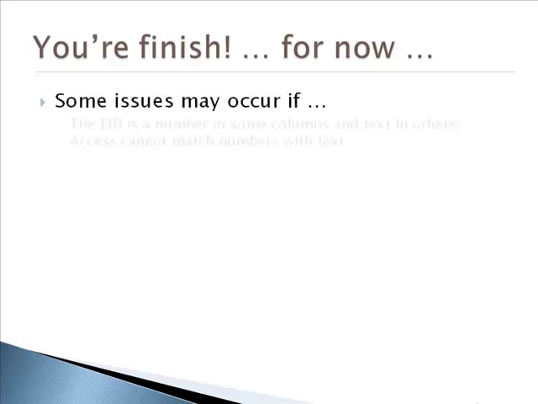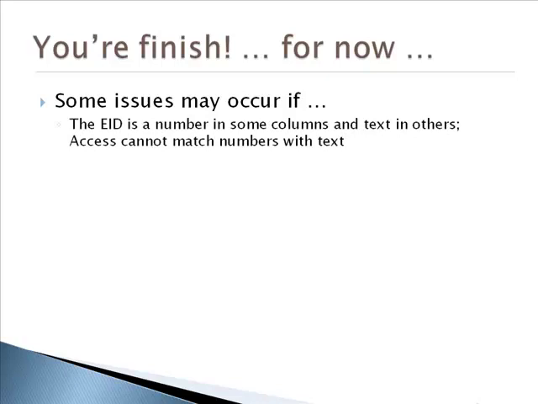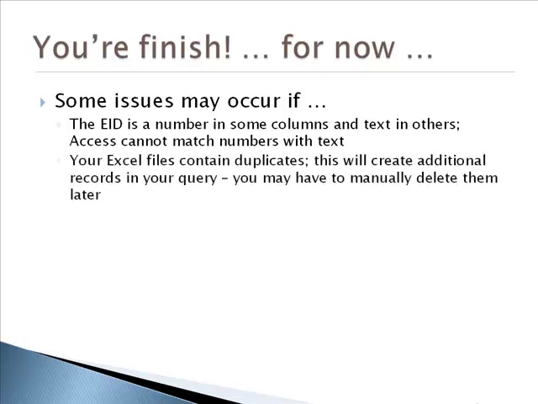Now you may have had some issues. One being if the EID is a number in some columns and text in others, Access cannot match the numbers with text. Your Excel files might contain duplicates. You'll know this if you were expecting to have, let's say, 200 records and you suddenly have 210 records.